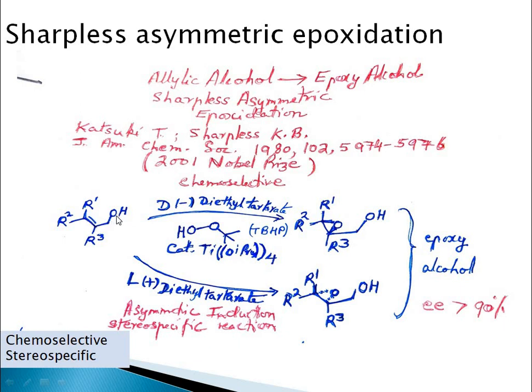Otherwise, the other OHs might be present elsewhere, double bonds might be present, but until and unless it is an allylic alcohol, it won't form an epoxide. Hence, this is highly chemoselective.